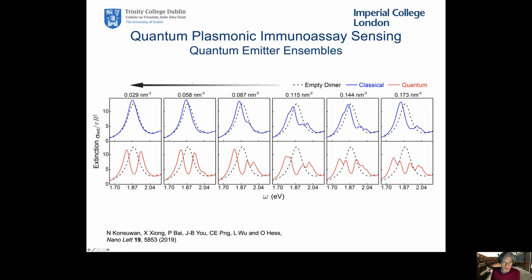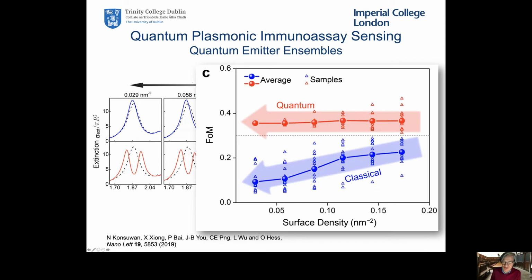You would see a stronger or less strong response. But with a split as a quantum signature and a shift as a classical signature, you could see that even if you have fewer of those available, and some of them better placed than others, the classical response, here charted in terms of the so-called figure of merit depending on the density, the number of them on that surface, differs.